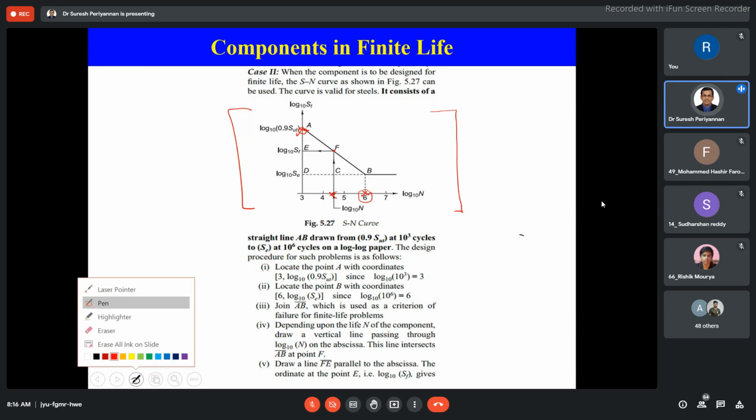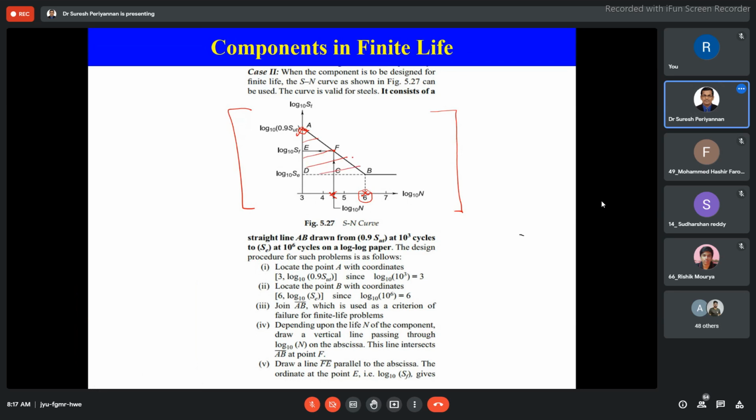Up to that we discussed in the last class, and now we go for the problem. This is one triangle. Now this is another triangle.